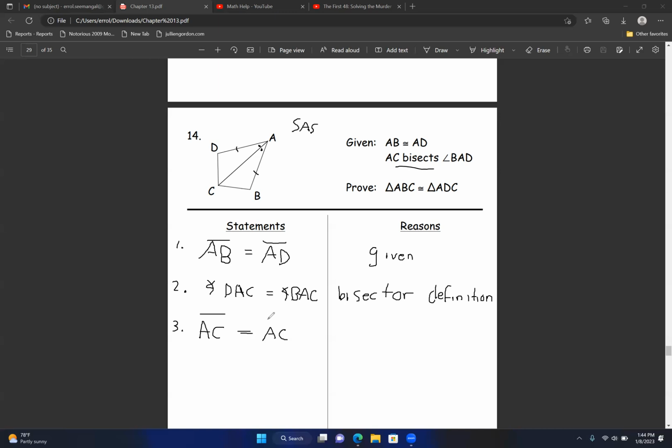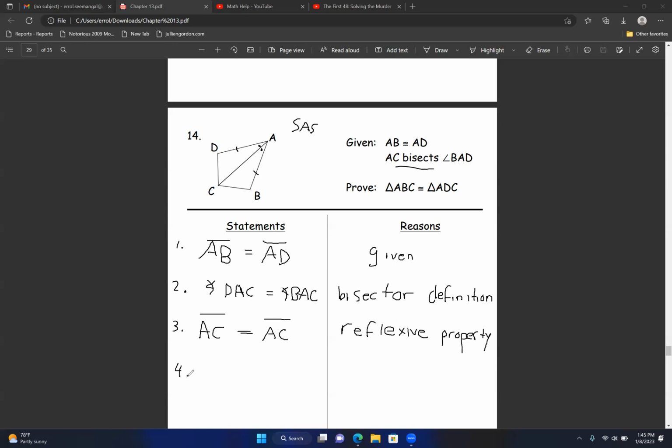What would be the reason? It starts with an R. Reflexive. What does that mean? They're common. Yep, reflexive property. The side is common to both.